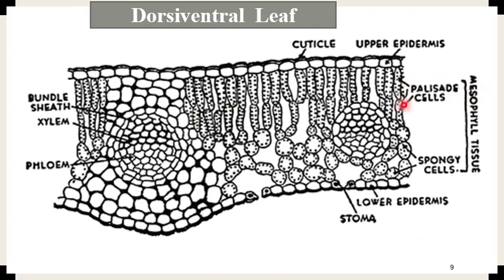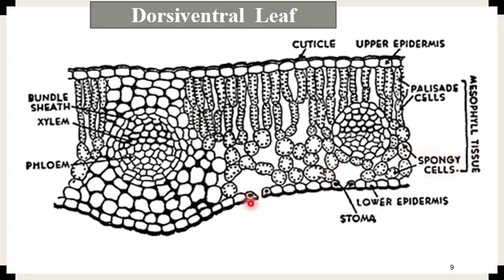They are called palisade parenchyma cells. Towards the lower epidermis, the cells are irregular and isodiametric in shape and very loosely arranged with profuse intercellular spaces. They are spongy parenchyma cells.